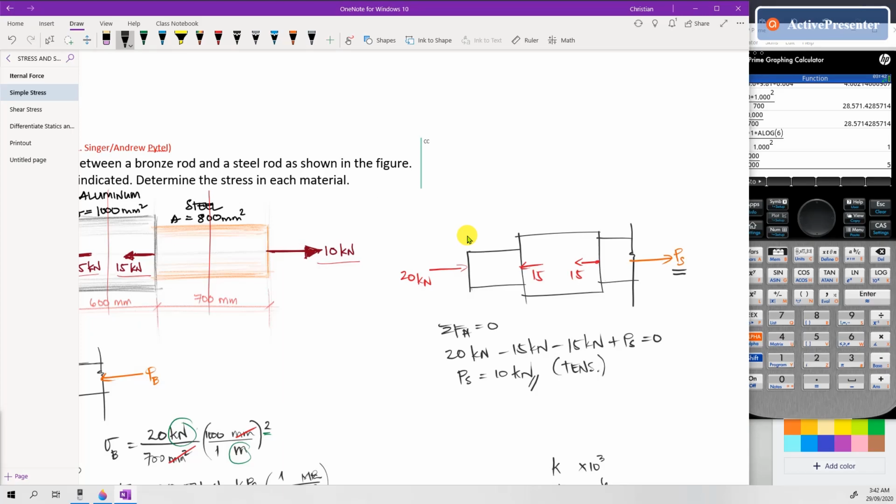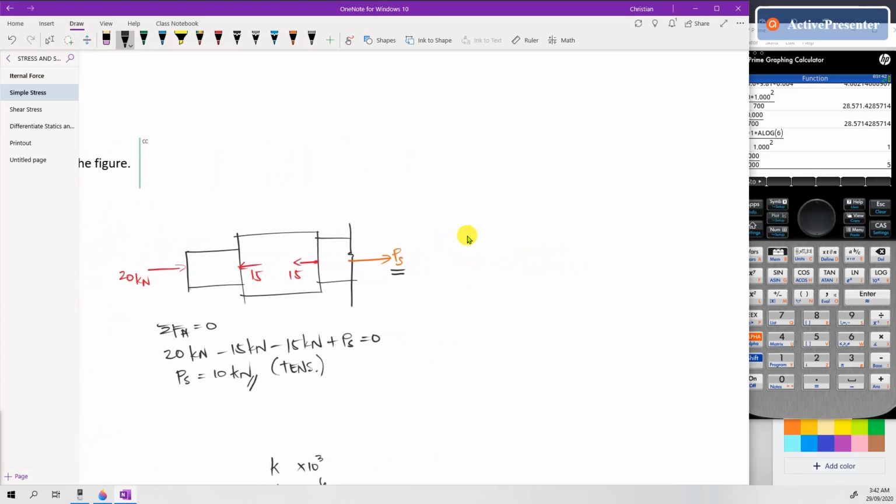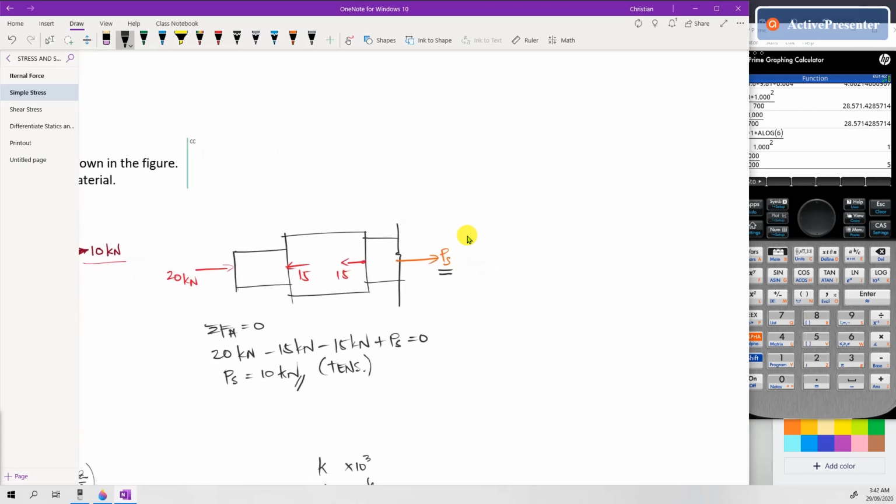Okay. So, if we take the free body diagram ng steel on the right side, then ito yung makikita natin. No? Okay, so meron tayong 10 kilonewton, and so obviously yung ating internal force PS will be acting towards the opposite direction.